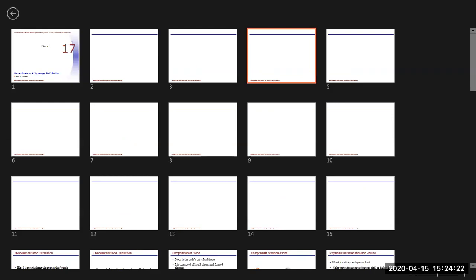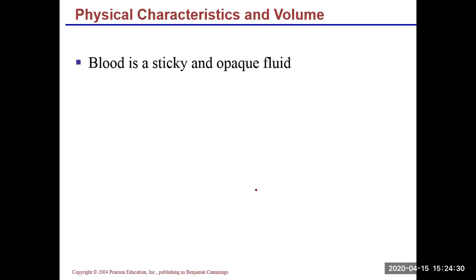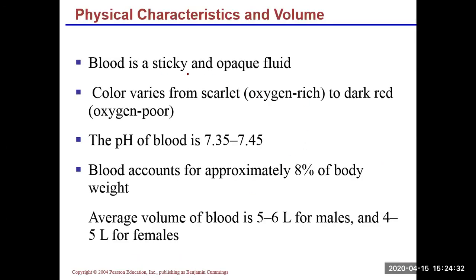All right, so now that we learned the hematocrit, let's go ahead and take a look at some of the characteristics of the blood. Blood is sticky and opaque. In other words, it's not transparent. There's all kinds of fluid, there's all kinds of protein, there's all kinds of electrolytes inside of the blood, so it doesn't make it transparent. Color may vary, really depends whether we're looking at oxygenated blood or deoxygenated blood.